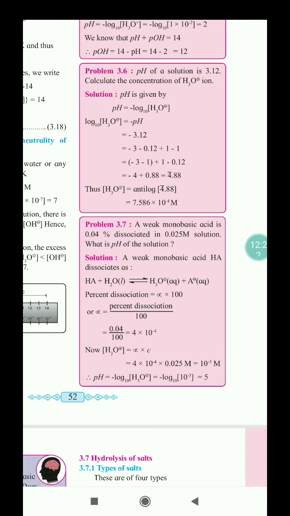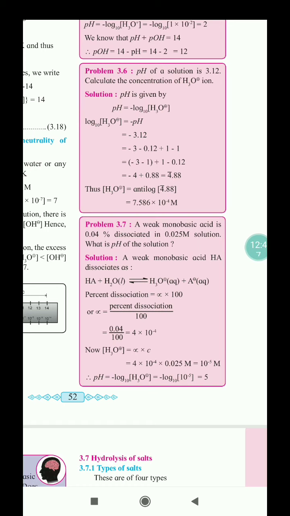Now a weak monobasic acid is 0.04% dissociated. Here the percentage dissociation is given in 0.025 molar solution. What is the pH of the solution? Here a weak monobasic acid is given. A weak monobasic acid dissociates feebly or is practically undissociated, and therefore it gives hydronium ion plus A negative.